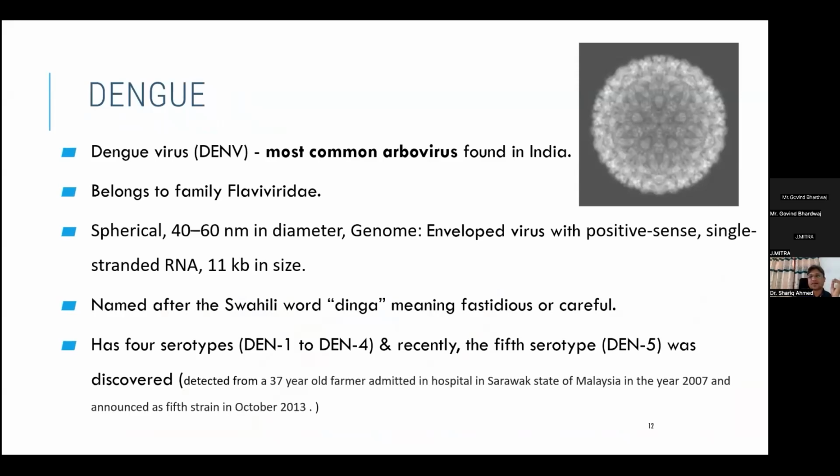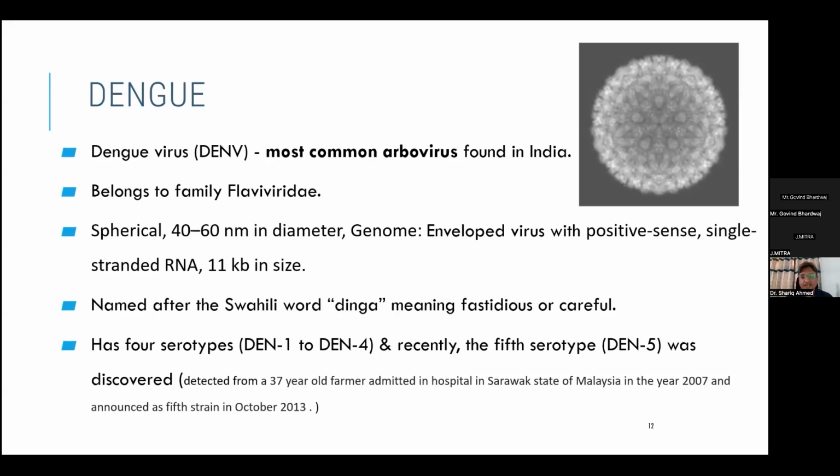These dengue viruses are divided into 4 serotypes. Till 2013, there were 4 serotypes infecting humans: DEN1, DEN2, DEN3, and DEN4. But now a 5th serotype has also been discovered, known as DEN5. It was detected from a 37-year-old farmer admitted in Malaysia in 2007.